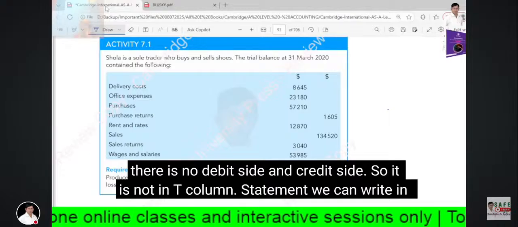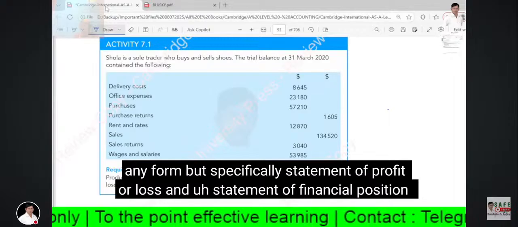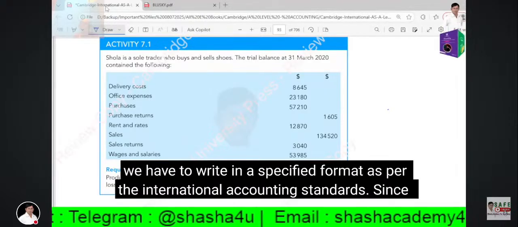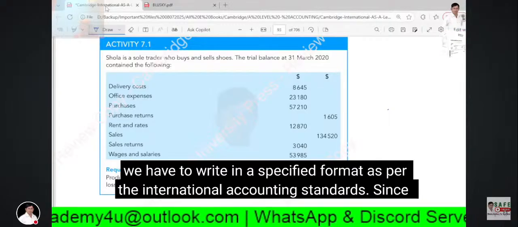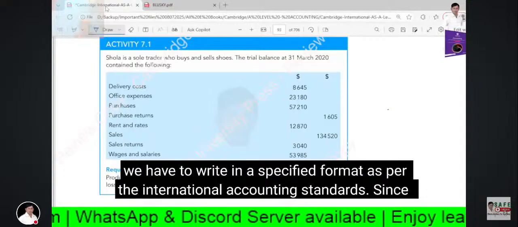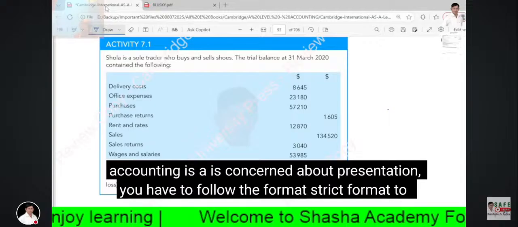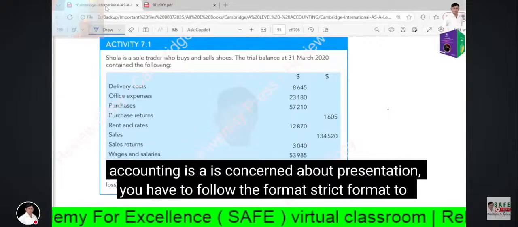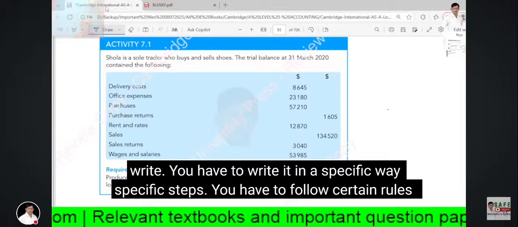A statement we can write in any form, but specifically the statement of profit or loss and the statement of financial position we have to write in a specified format as per the international accounting standards. Since accounting is concerned about presentation, you have to follow the strict format and specific steps.